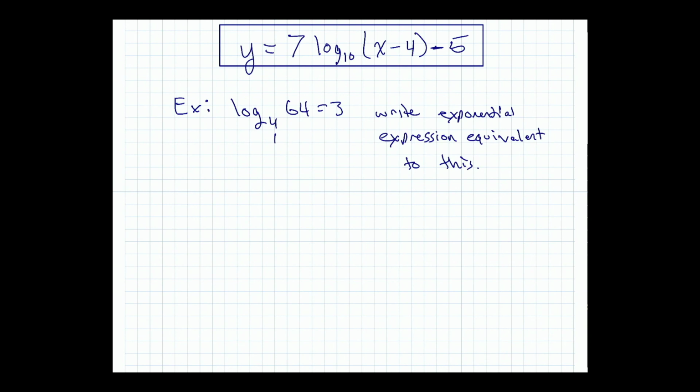All you do is that's your base, that's your exponent, and then that's the other side of the equation. So what's your answer look like? 4 to the 3rd equals 64. So it's just an alternate way to convey the same amount of information.